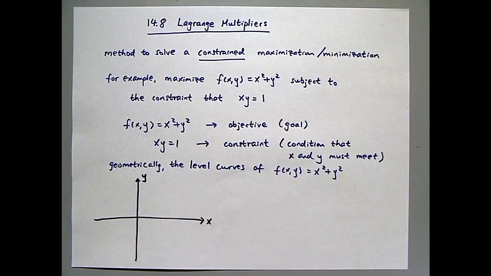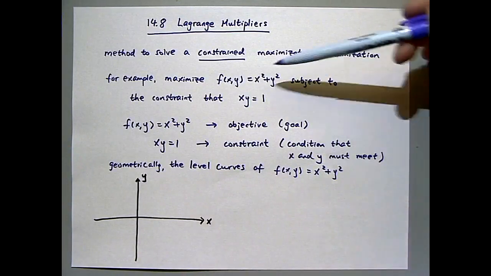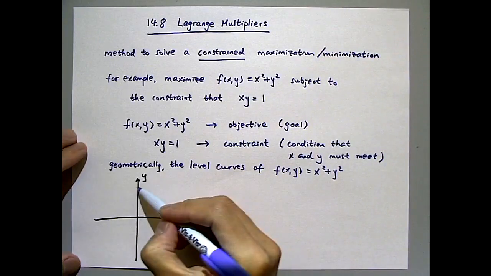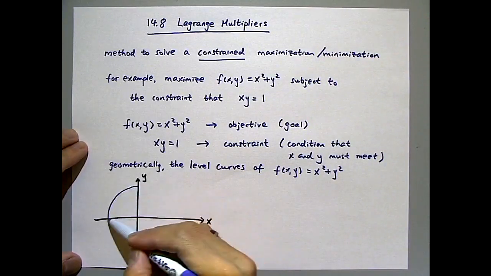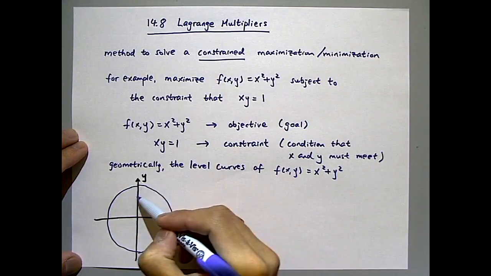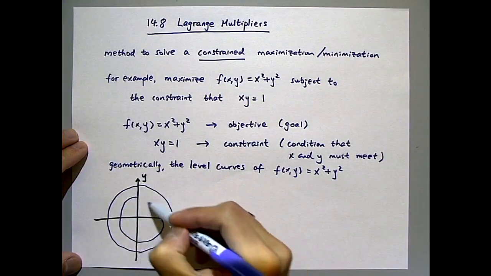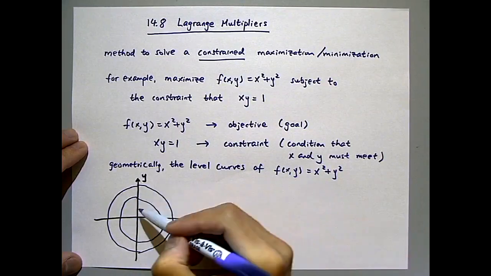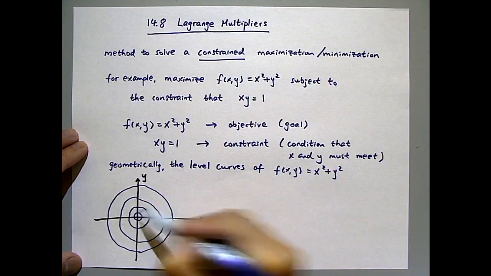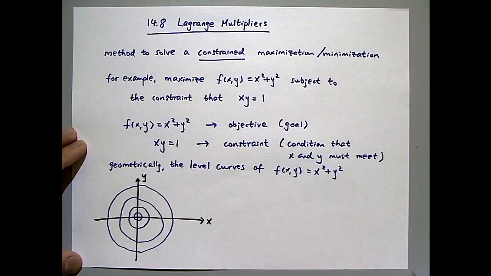What are the level curves? Circles, right? x squared plus y squared is equal to k. So those are circles. So we got a bunch of circles looking like that. You get the idea. That's a circle. So these are different circles we got.